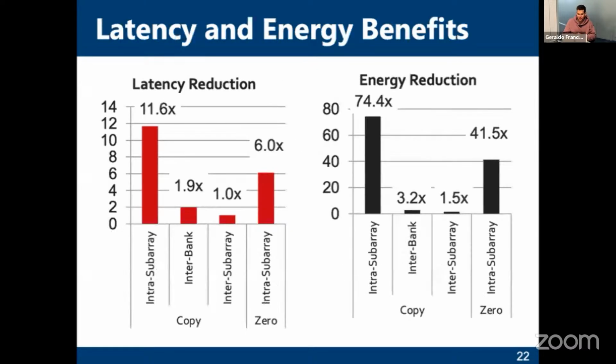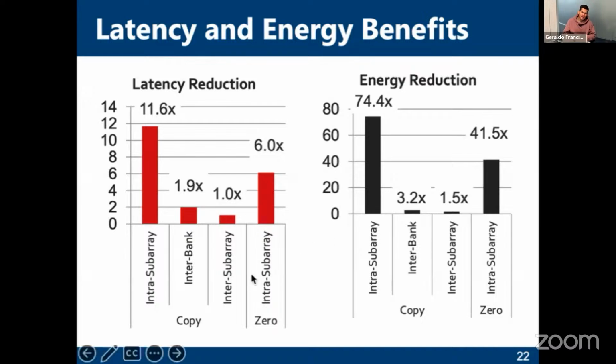So this is just a summary of how much these RowClone operations reduce latency and also improve energy. What is important to highlight here is that the fast parallel mode is the operation that provides the largest reduction in latency and energy consumption, because we can just do back-to-back activations to copy data at once.